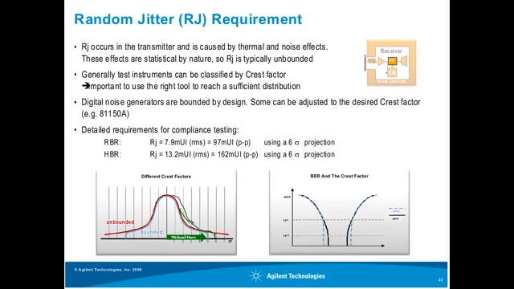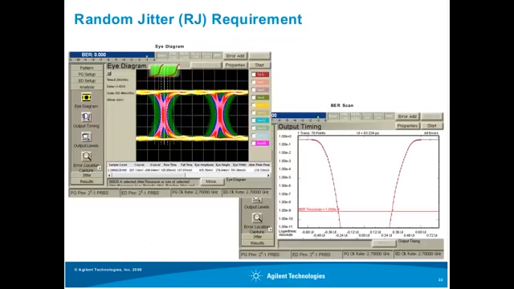So the shape of the Gaussian distribution would be different. Going to the eye diagram, if you change the shape of your Gauss, you would see more edges here with that bounded noise source. So you would be really performing the wrong test.